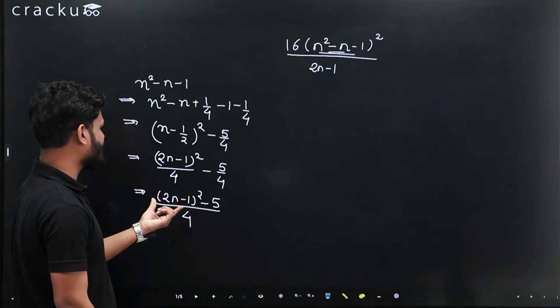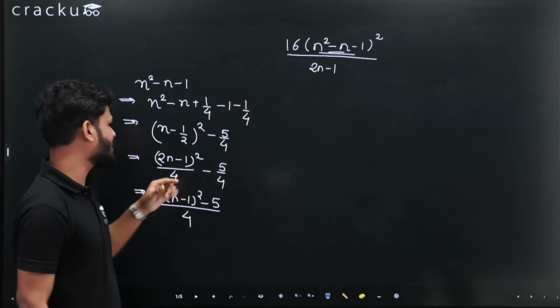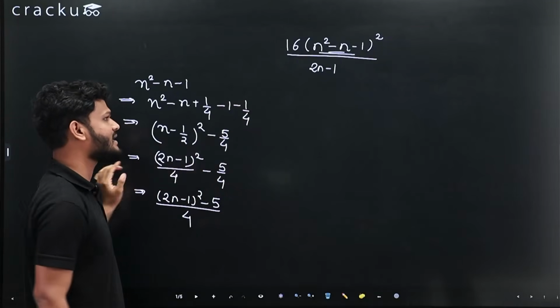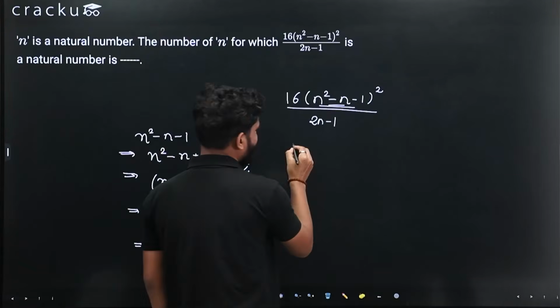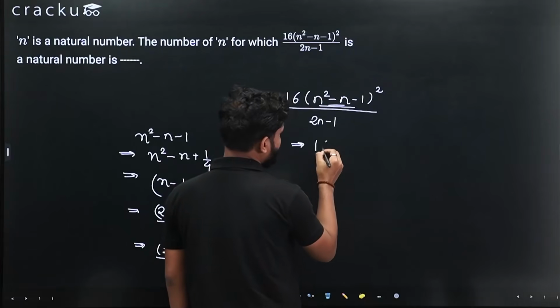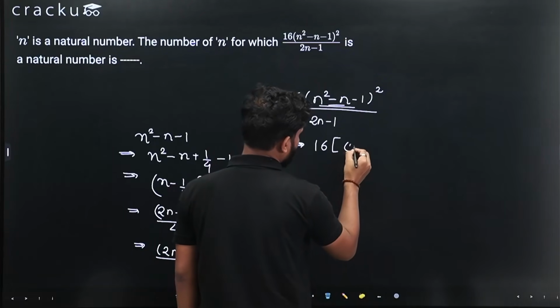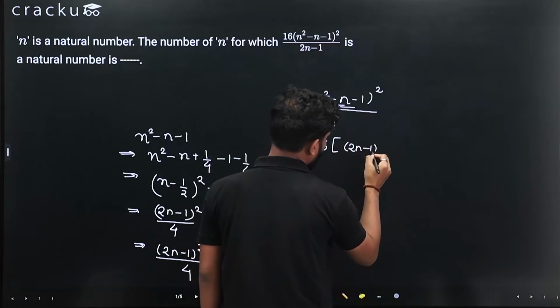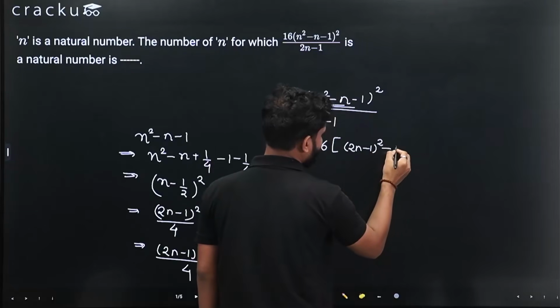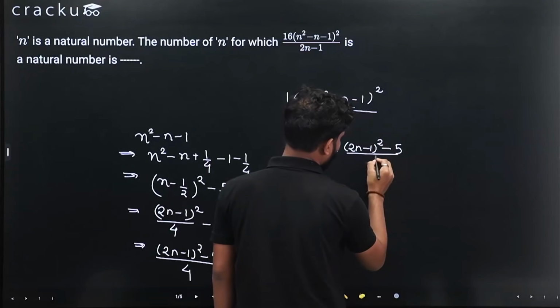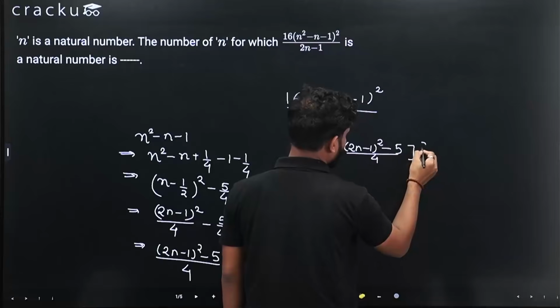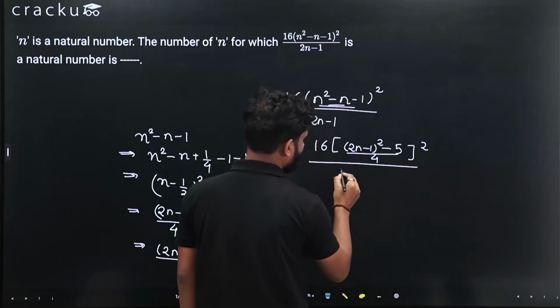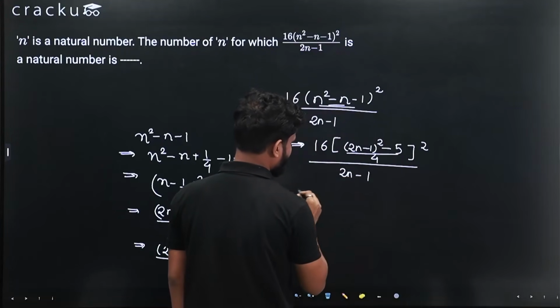So we have written the numerator in some form of the denominator. Here 2n minus 1 is there, here also 2n minus 1 is there. So I can write this thing as 16 into 2n minus 1 square minus 5 divided by 4 whole square divided by 2n minus 1.